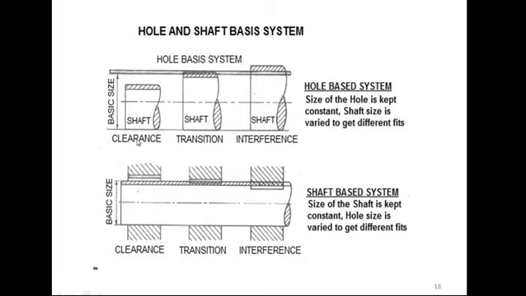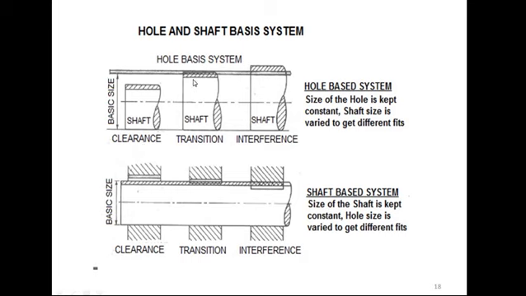So this is a hole. If you want a clearance fit, then whatever the distance between your shaft and hole, you require to keep such type of clearance. Maximum clearance must be there, then it is a clearance fit.